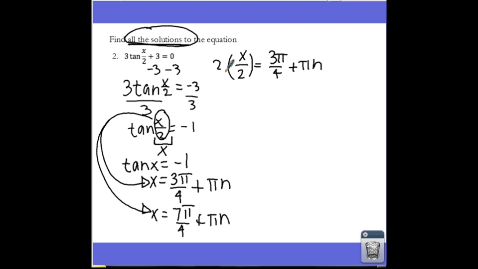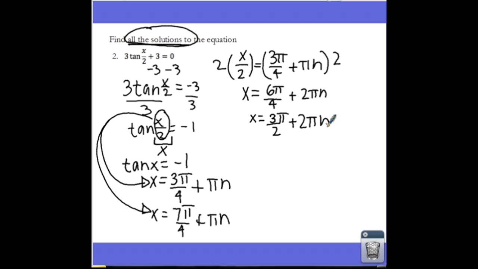Then you'll multiply both sides by 2, and that'll leave you with x equals 6 pi over 4 plus 2 pi n. Then you simplify to get x equals 3 pi over 2 plus 2 pi n. And then we'll do the same for x equals 7 pi over 4.